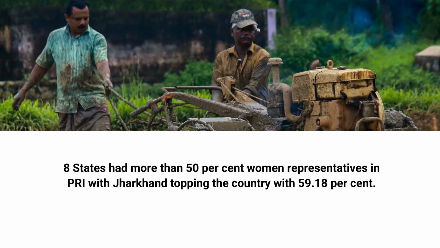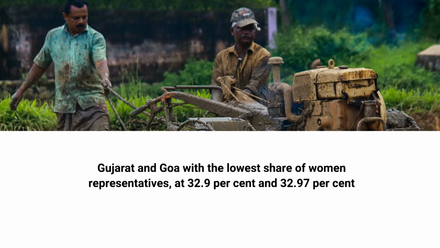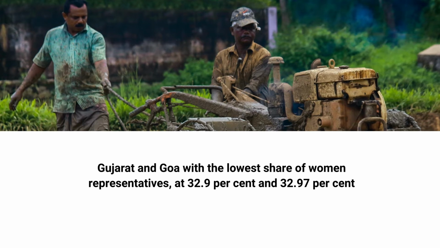Eight states have more than 50% women representatives in Panchayati Raj institutions, and Jharkhand is taking the lead with 59.18%. Even states like Gujarat and Goa, with the lowest share of women representation at 32.9% and 32.97% respectively, are close to achieving the constitutional mandate of 33% women representation.